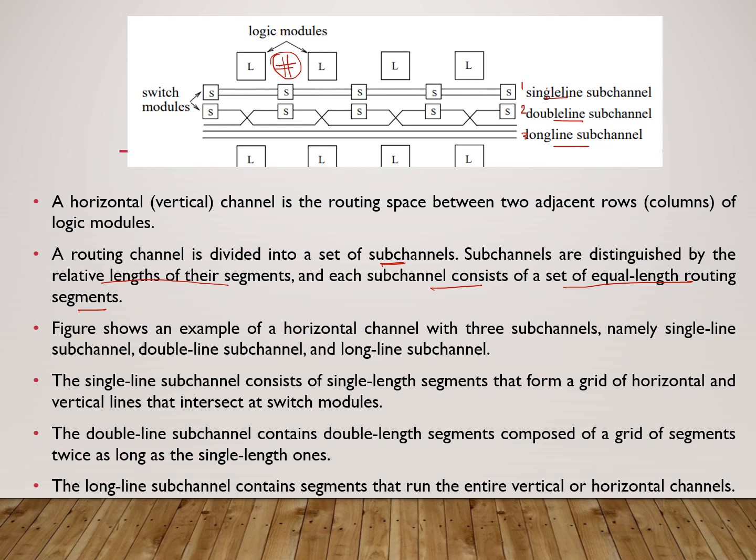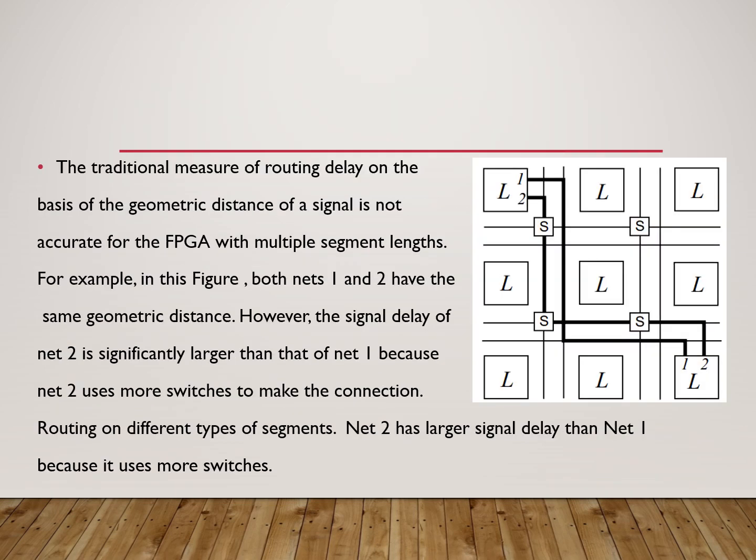And then we are going to compare two nets, net 1 and net 2. Both have equal geometric distance. But out of these two nets, which one has lesser delay? We can see both have equal distance, but net 2 has more switches.